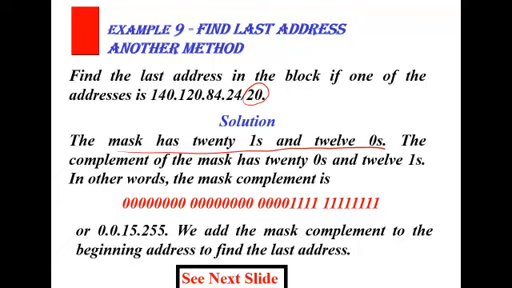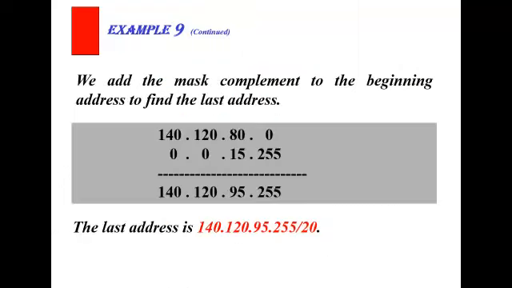Now complement this value. All the 20 ones become 0 and the remaining zeros become 1, and convert it into decimal. Again, you will get 15.255, the same value, and add it to the first address. Then you will get the last address of a given block, right?